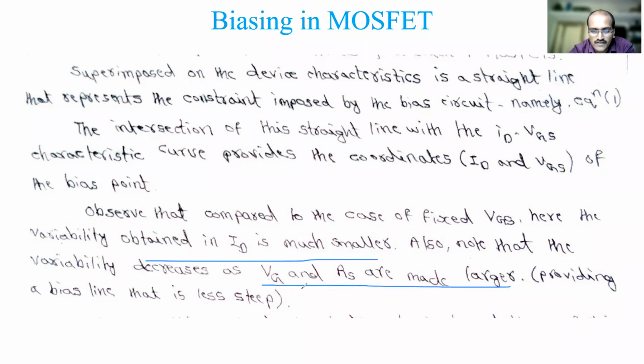If we increase these values, the bias line becomes flatter, less steep. We can do that by increasing the VG and RS values, so we can decrease the spread further. That is the idea.